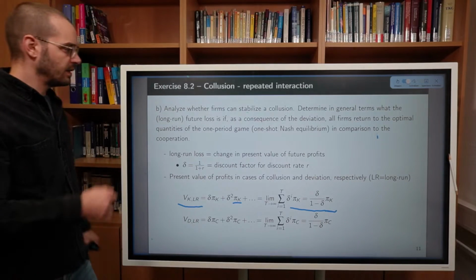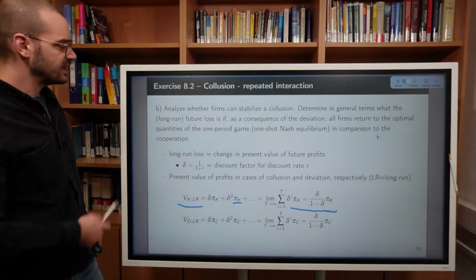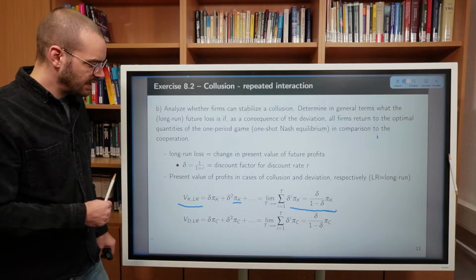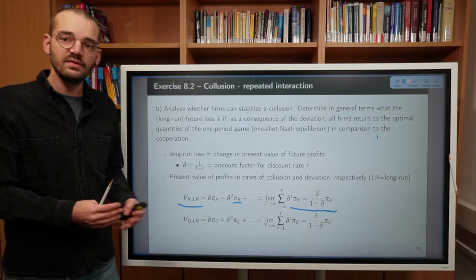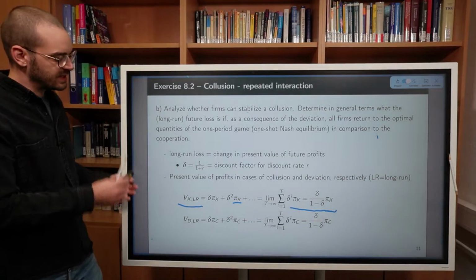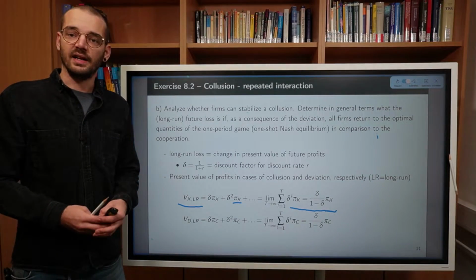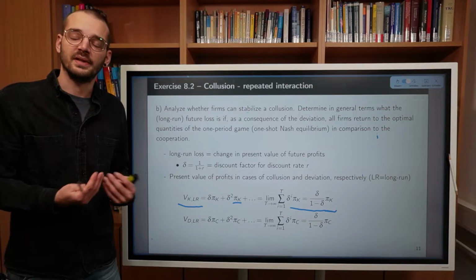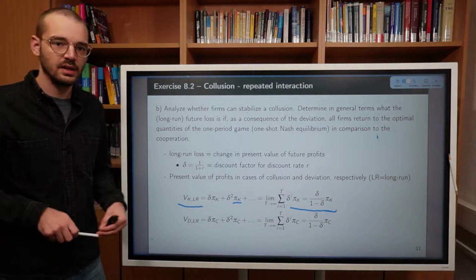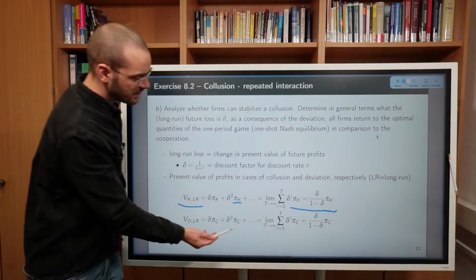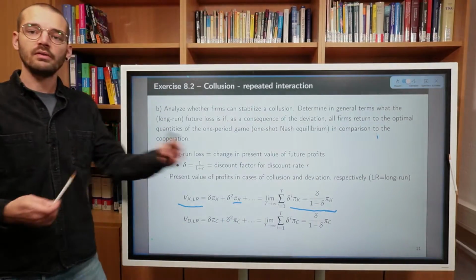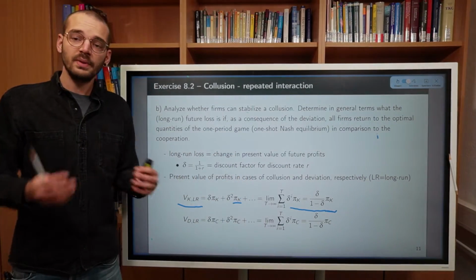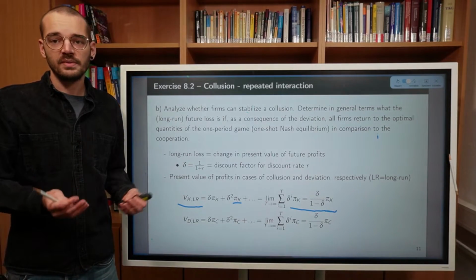The second point we were asked is the long-term profits in case firms are deviating. And we said that if they are deviating, then in the long run, they will revert to competition, grim trigger strategy. So the cash flow in each single period in the long run after the deviation will be the profits of firms under competition.